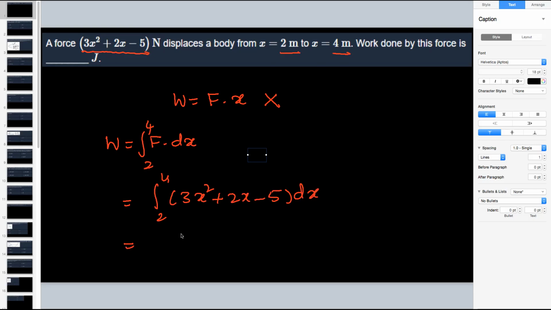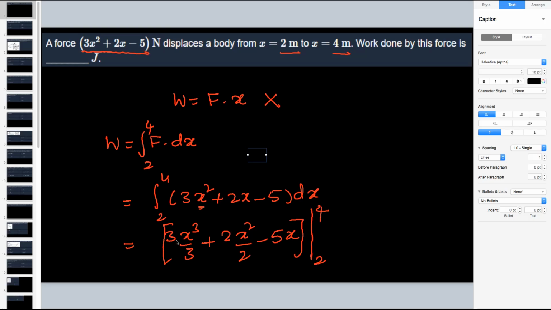Then you substitute and see what you get. Integration of x square is x cube by 3, plus 2 x square by 2, minus 5x, and the integration limits are 2 to 4.